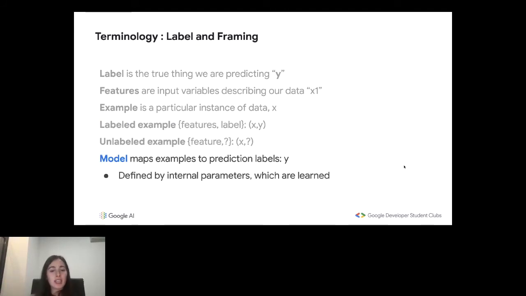If you think of the example that you saw in the previous slides with Jacopo, the example of learning a line from data, well, the basic equation of a line is y equals alpha x plus beta. What we're going to be learning is actually the value of alpha and beta. So that is what is defining our model. Our model is defined by its internal parameters.